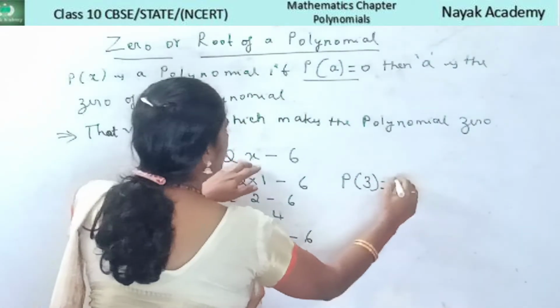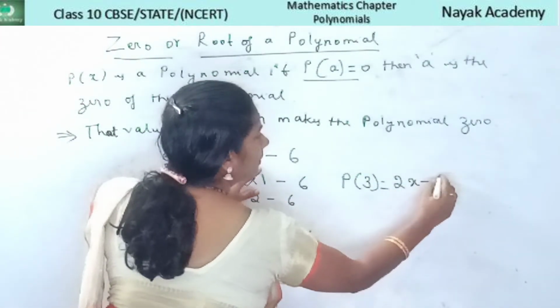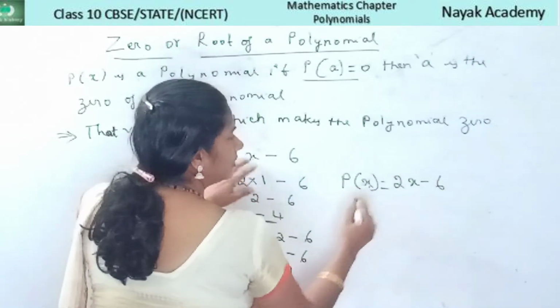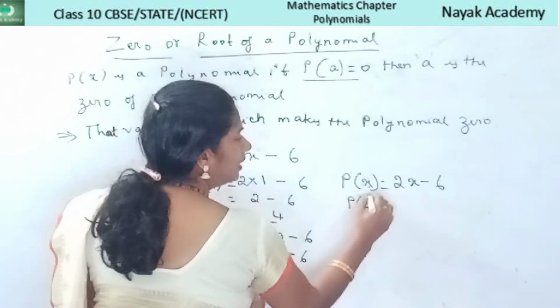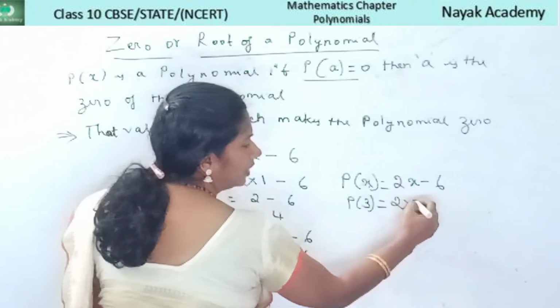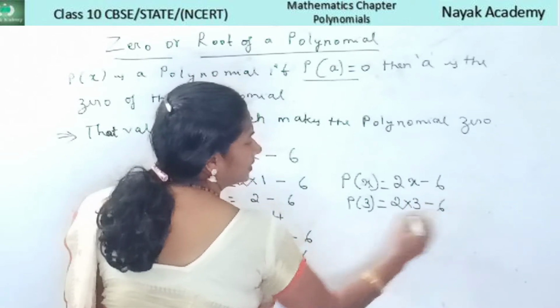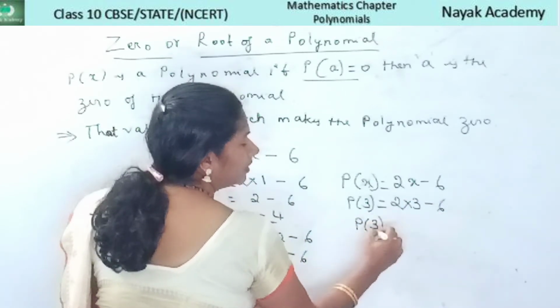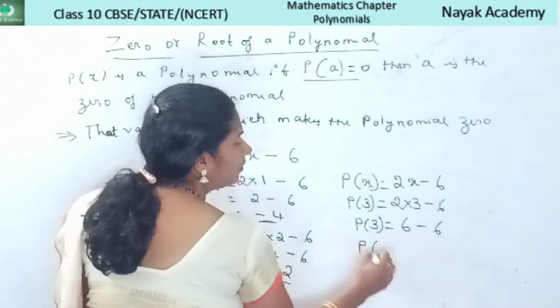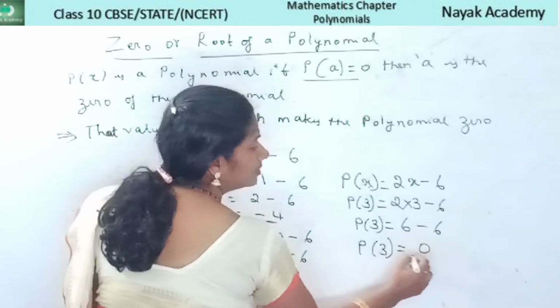Now let us find the P of 3 value. P of x is 2x minus 6. P of 3 is 2 into, in place of x you substitute 3, minus 6. So P of 3 equals 2 threes are 6, 6 minus 6. So P of 3 is 0.